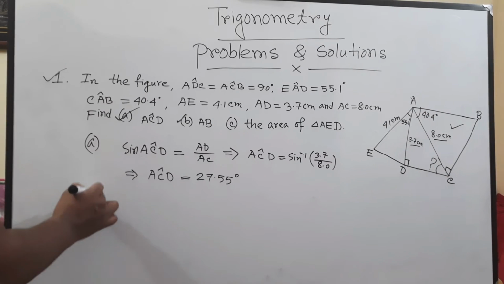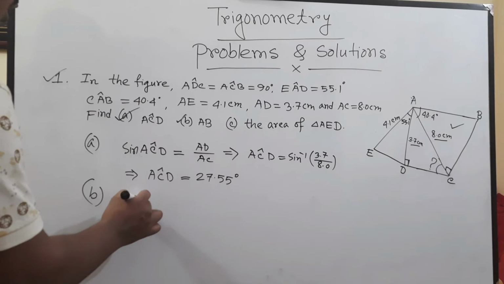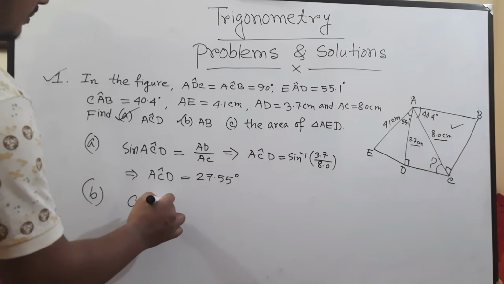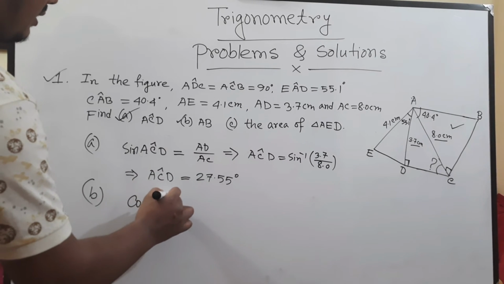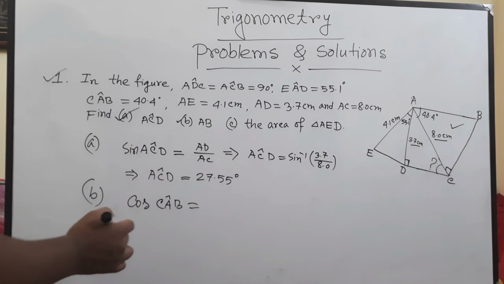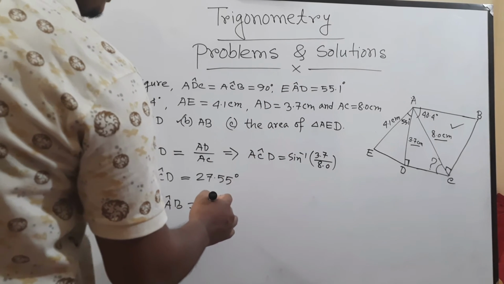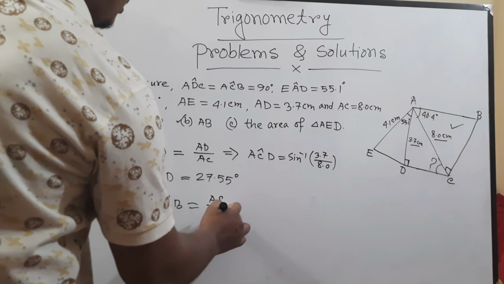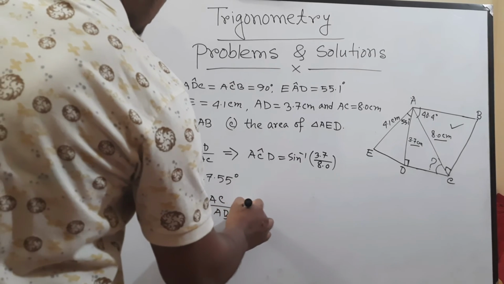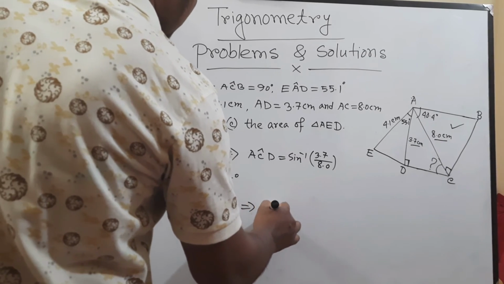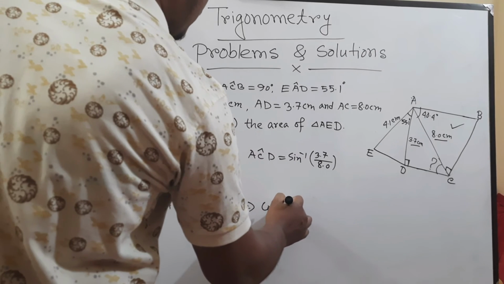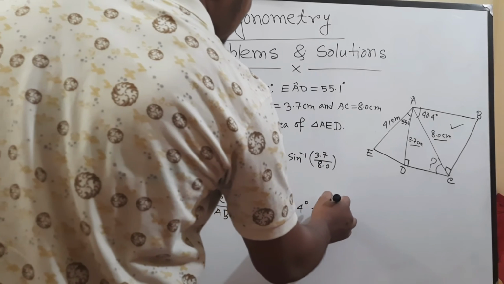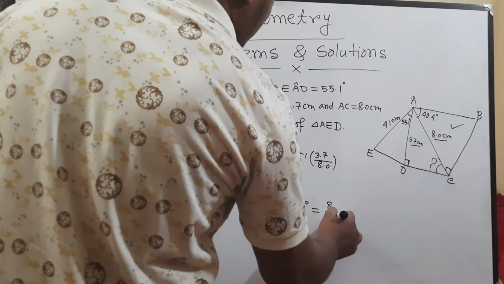So for number B, we should consider cos, because cos angle CAB equal adjacent, that is AC, over hypotenuse, which we need to find, AB. Okay, so here angle CAB is given 40.4, and AC is given 8. We need to find the length AB.